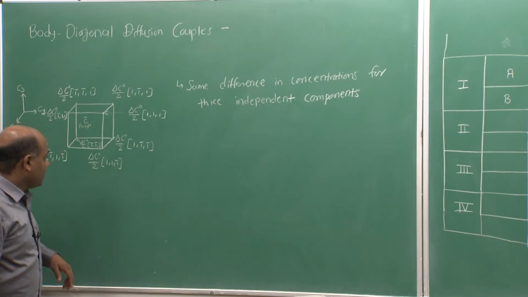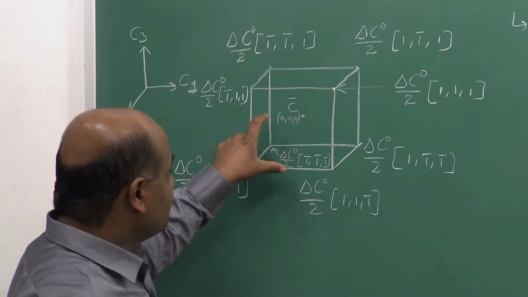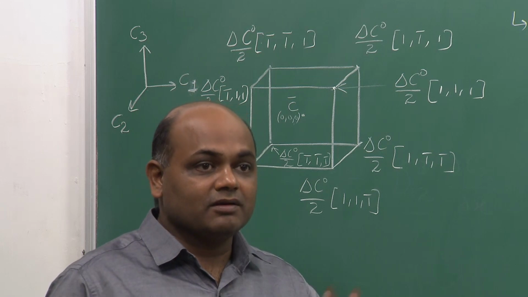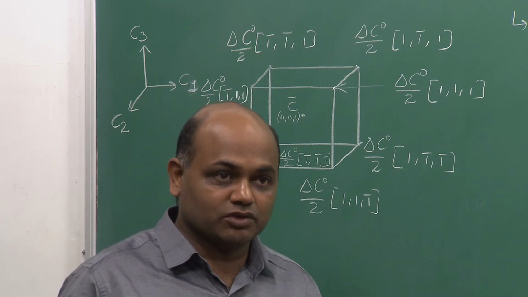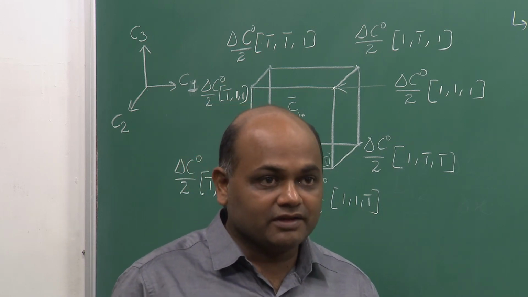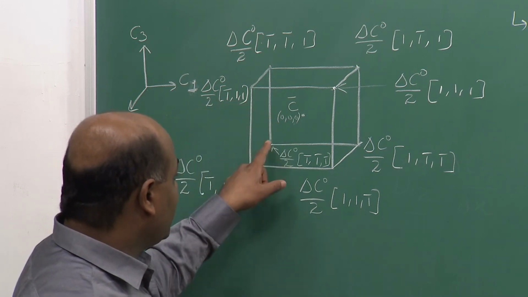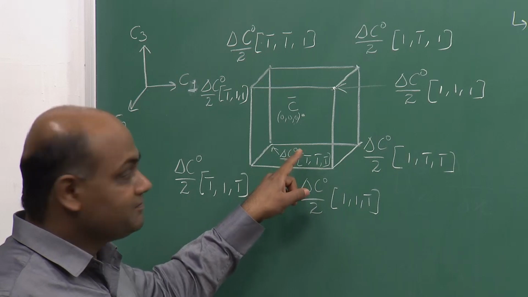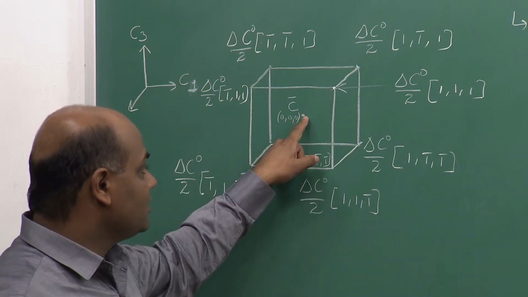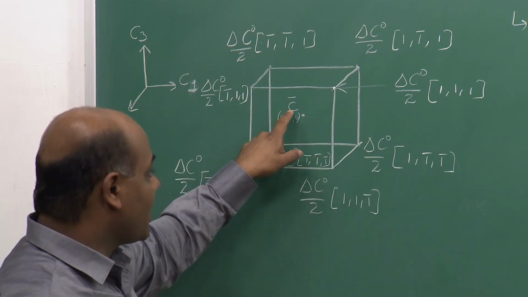If delta C is very small, then we expect the interdiffusivity matrix to be more or less constant throughout the diffusion zone, and if the interdiffusion coefficients are constant, then the diffusion path is symmetric, which means for any of these body diagonal couples, the diffusion path will intersect the body diagonal exactly at the body center position, that is exactly at C bar.